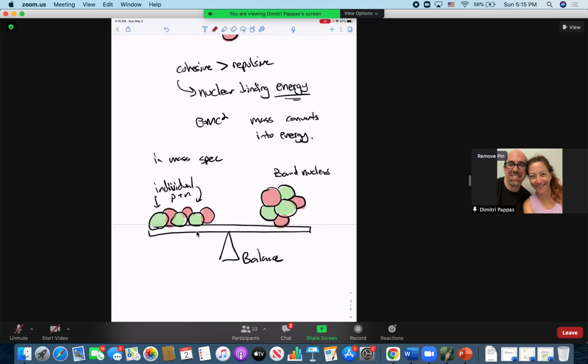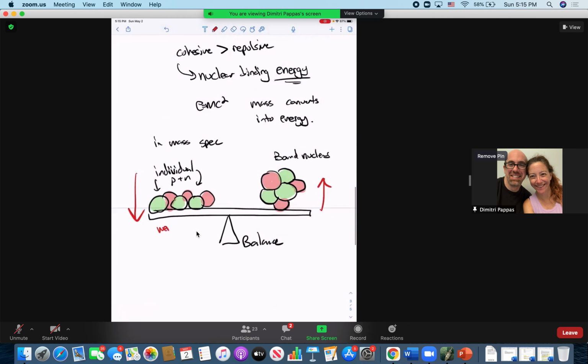The individual parts weigh more, and the bound nucleus weighs less. If you take apart the nucleus, the masses would convert back to their higher values. Only when the nucleus is compressed together does it get lighter.